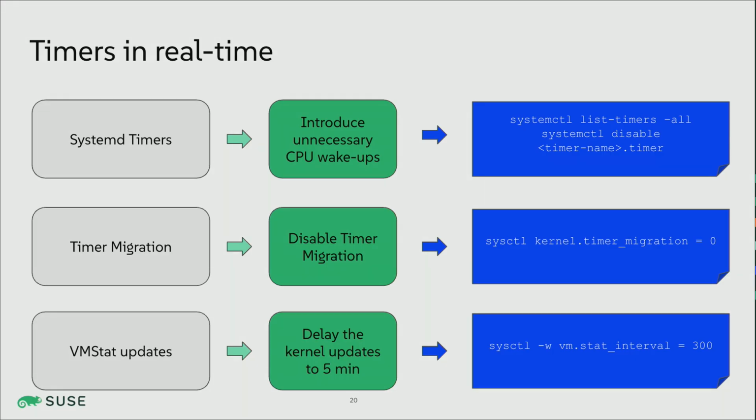And the last one is the virtual memory stats updates. From time to time, the kernel is checking the memory in order to know the statistics. By default it is, if I don't remember wrong, every second. So every second you are having cycles of CPUs that run these kinds of timers to get the information about memory.